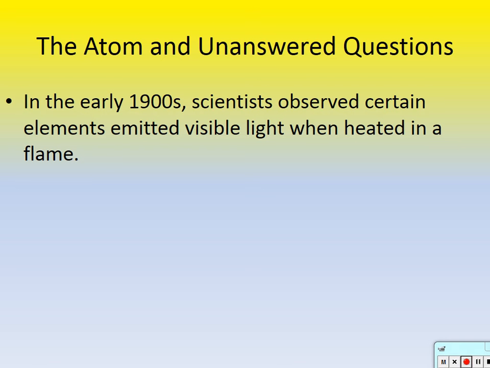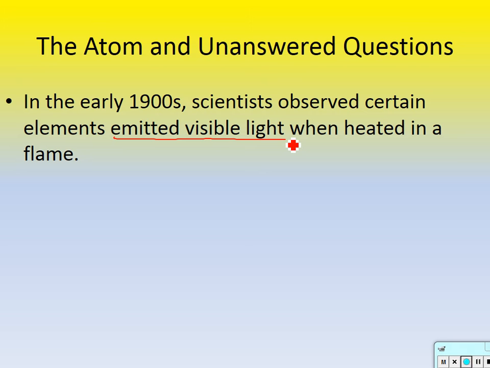In the early 1900s, I think you're supposed to write something down here. Scientists observed certain elements emitted visible light when heated in a flame. So in the early 1900s, a scientist was noticing that if you heated an element in a flame, it would emit visible light.